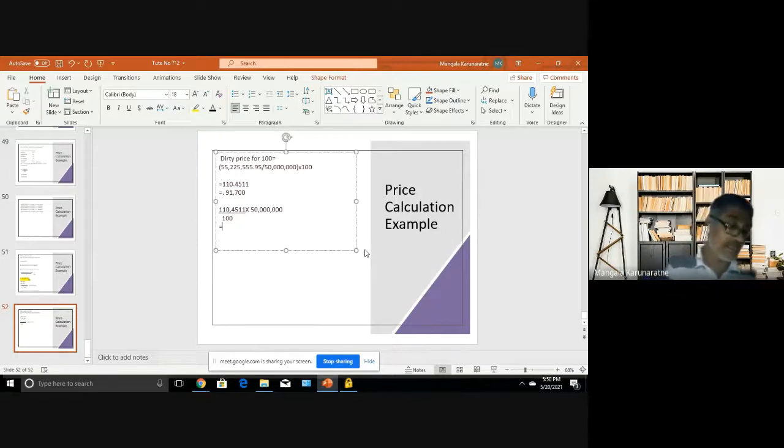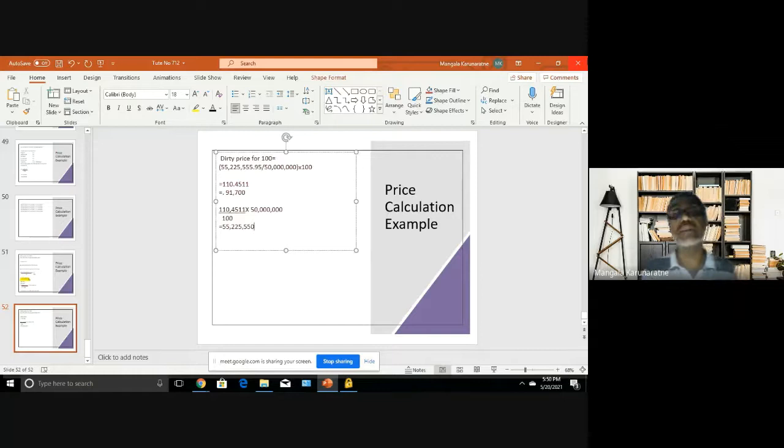That is the full purchase consideration, which includes the accrued interest as well. 110.4511 into 50 million divided by 100, so you get 55,225,550.